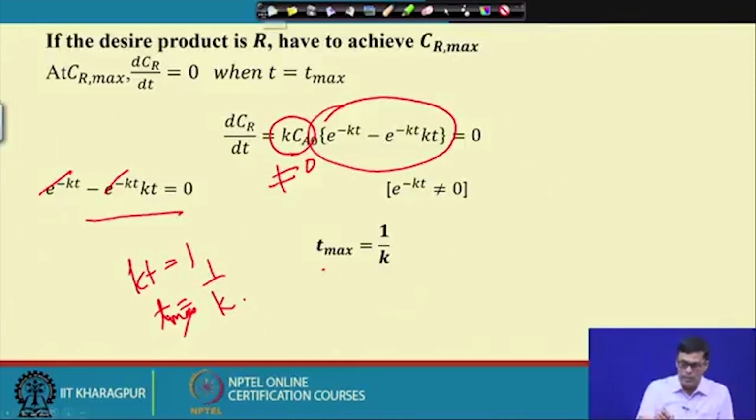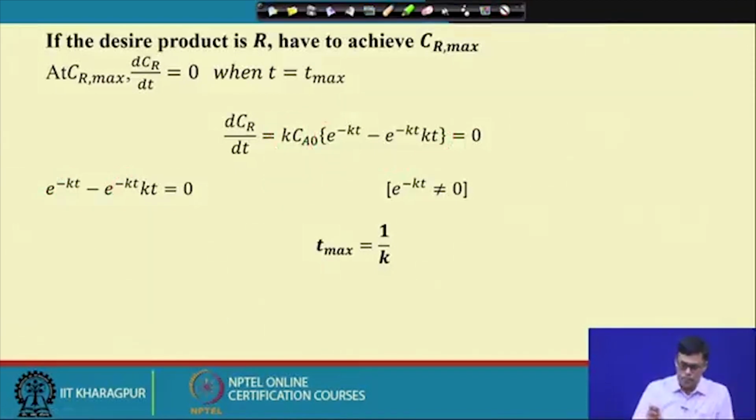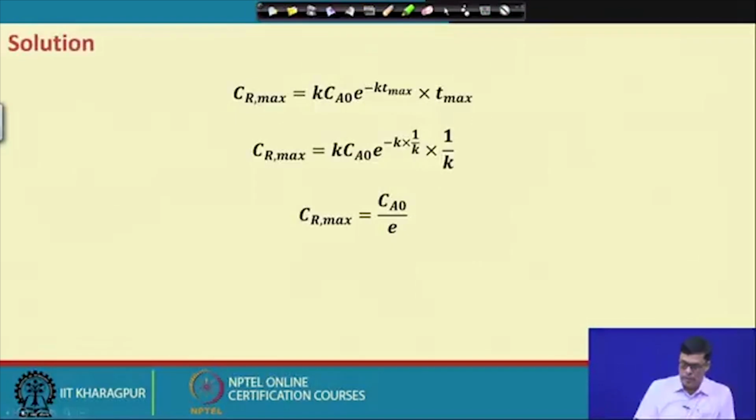Now, this t max value you can put in the previous equation. We had the previous equation, so we can put t max equal to 1 by K, and this K will cancel with the other K. Then what will happen?